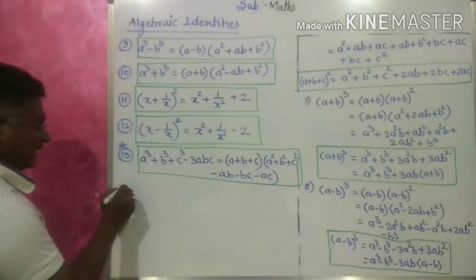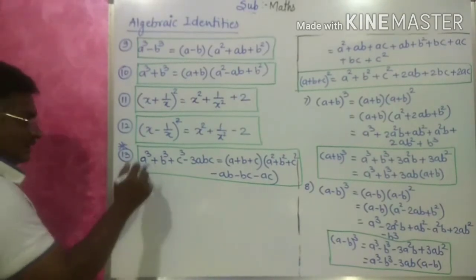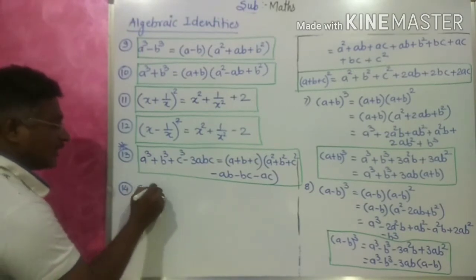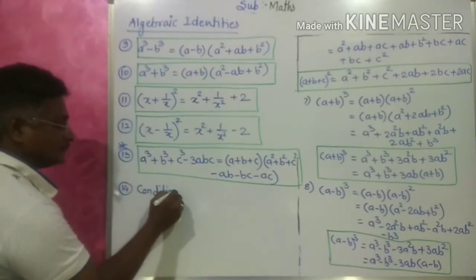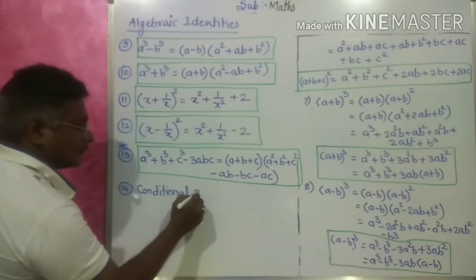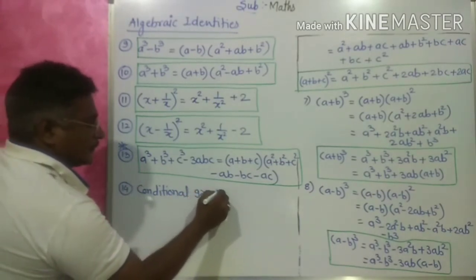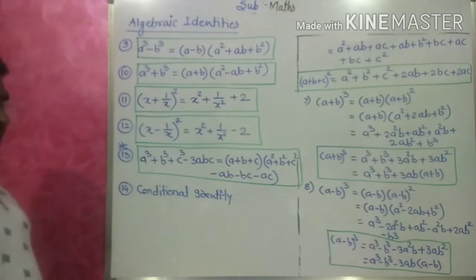And the 14th identity, based on 13, is called the conditional identity. What is called the conditional identity?